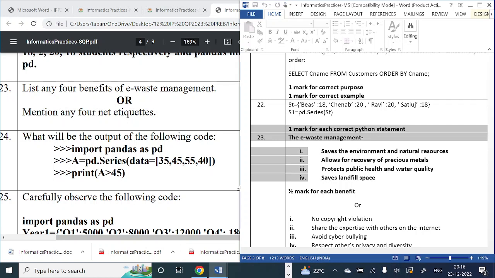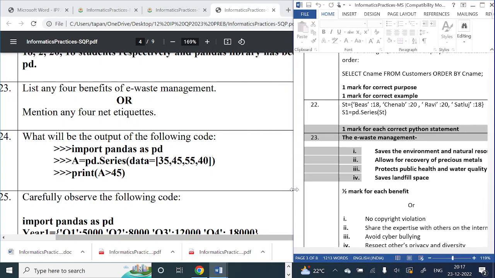You can mention many more, like it protects from air pollution, water pollution, soil pollution. Then some metals are there which you can reuse, and it is best, instead of throwing it, to reuse the parts of your e-waste or the metals. So saves the environment and natural resources, allows for recovery of precious metals, protects public health and water quality, saves landfill space. So these are the answers.